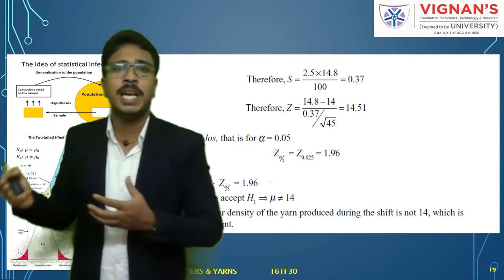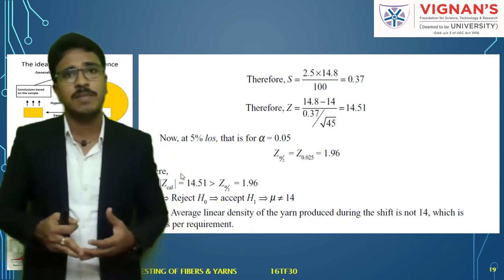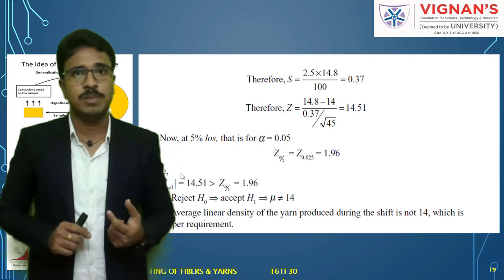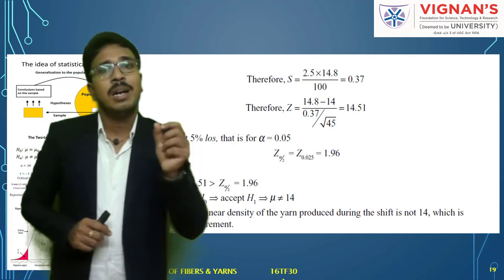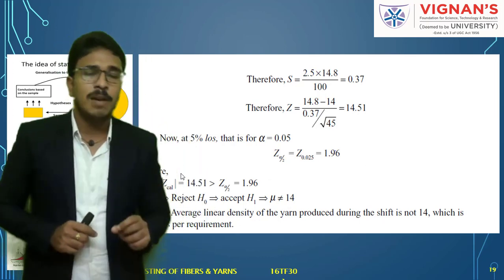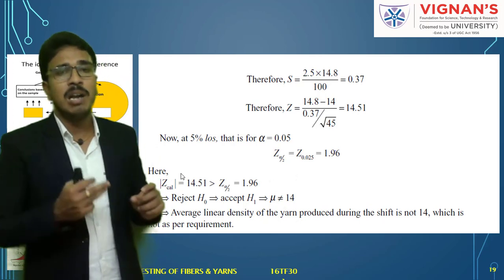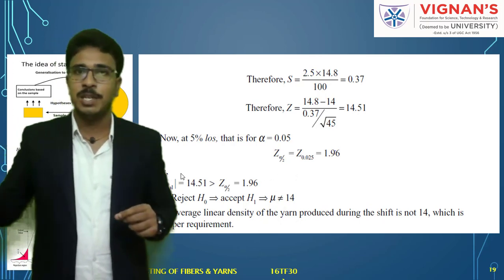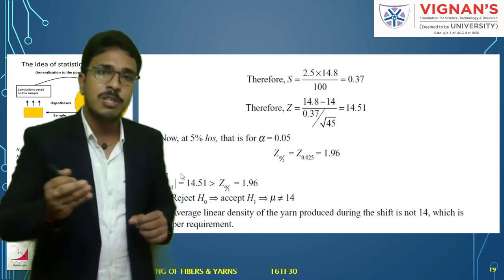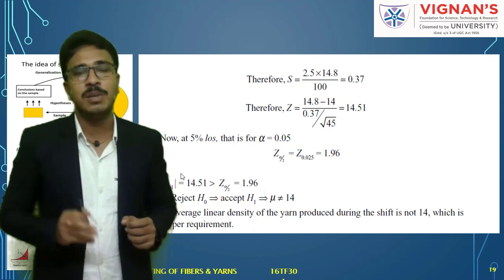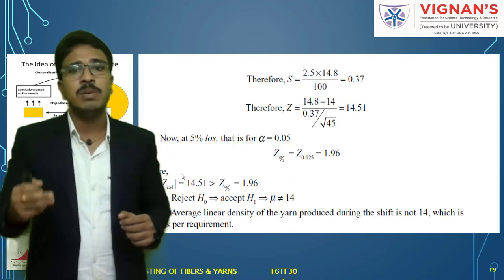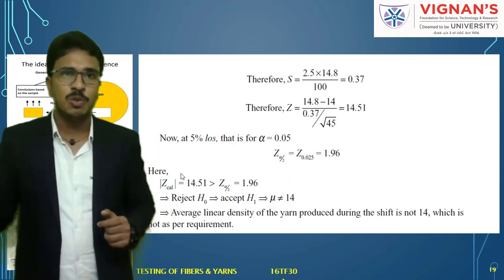Or if you are assuming any other level of significance, you have to specify that while doing the problem solution. Now at 5% level of significance, the alpha value is 5 divided by 100, so it becomes 0.05. In the process of arriving at the table value, we are taking Z alpha by 2, that is equal to Z 0.025.